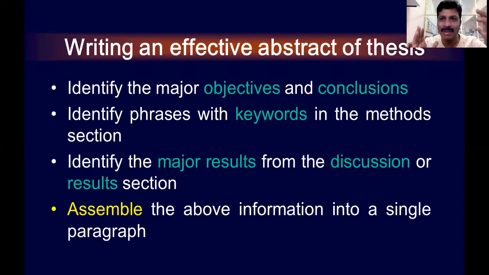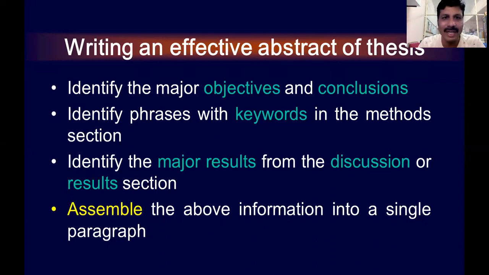When you write a thesis, you will know the entire body of the thesis. That has to be brought into a concise form of around 250 or 300 words, depending on the guidelines recommended by the university. You will demonstrate your capability of putting the entire thesis into a concise form. That is the abstract.